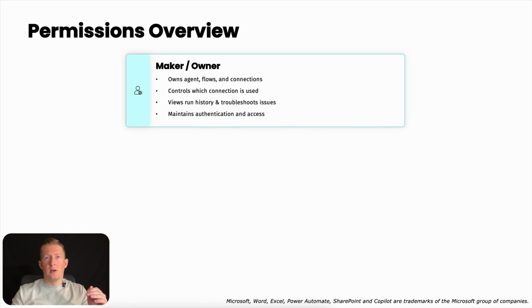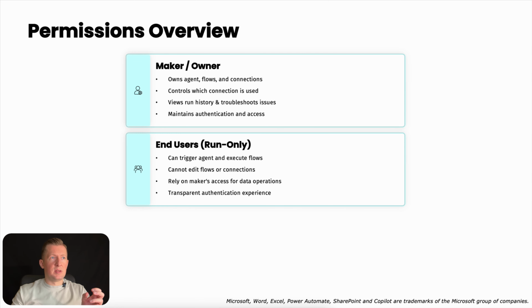The maker, the owner of the Copilot Studio agent, owns the agent, the flows and the connections, controls which connection is used, views run history and troubleshoots issues, and maintains authentication and access. The end user, the run-only user, can trigger the agent and execute flows, cannot edit flows or connections, relies on the maker's access for data operations, and has a transparent authentication experience.